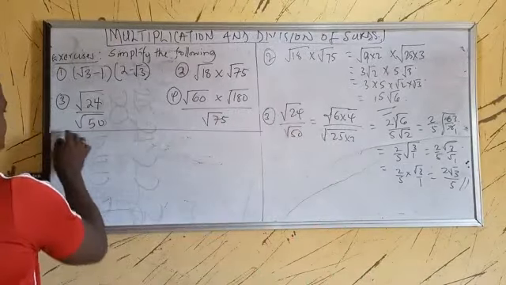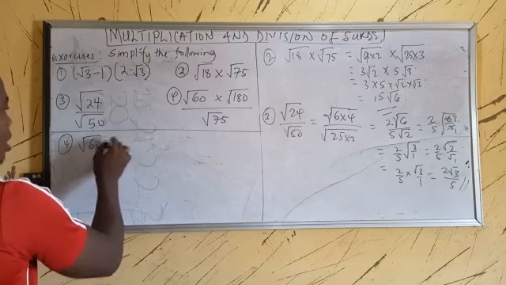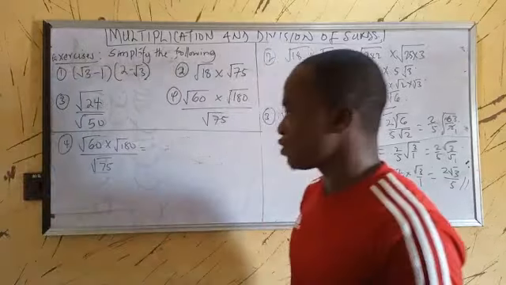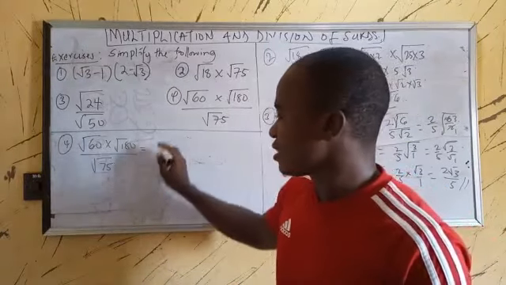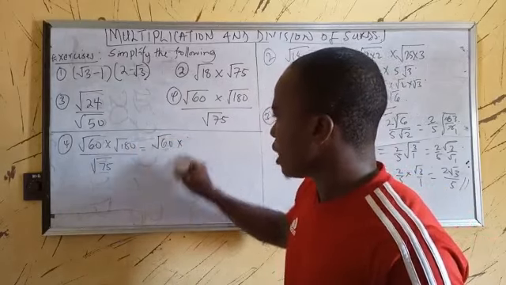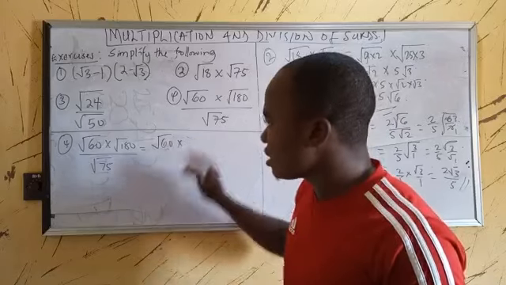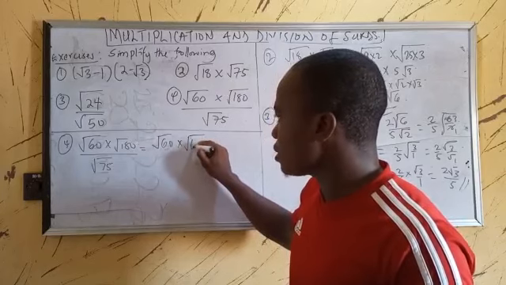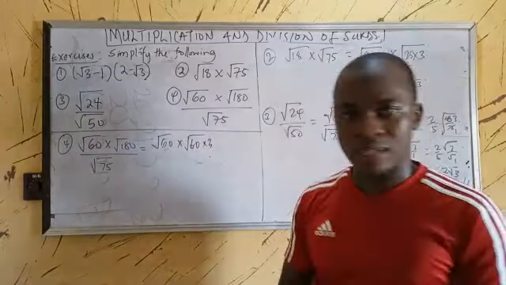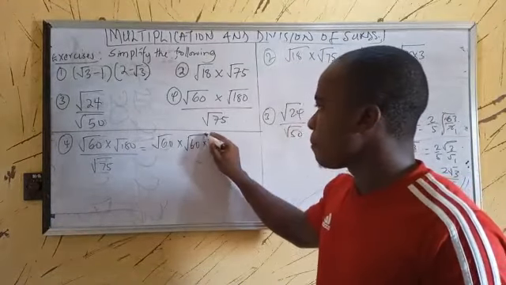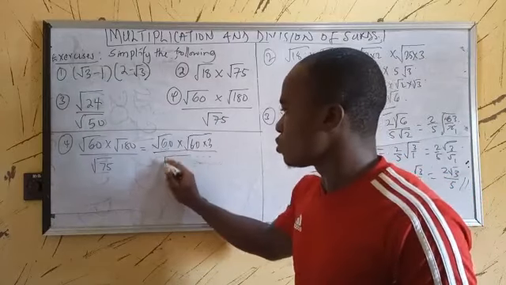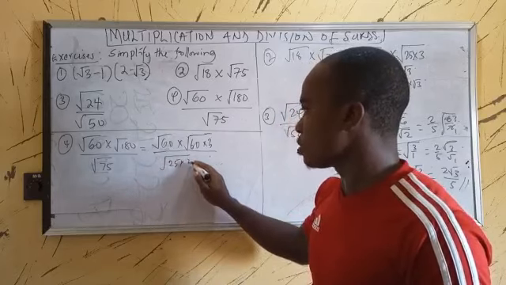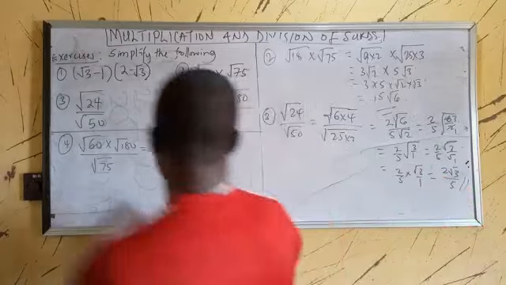So now you have root 60 multiplied by root 180 over root 75. 180 can be split into 60 multiplied by 3, and 75 is 25 times 3.